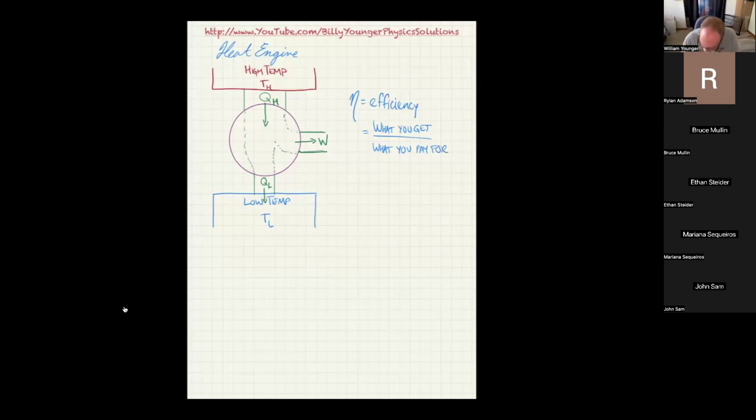What you get, I might also say, is what's useful. In other words, what do you get that's actually useful? That's the W. And then what we see from there is that Q_H has to equal W plus Q_L. That's just conservation of energy.